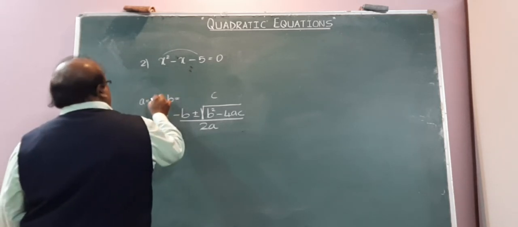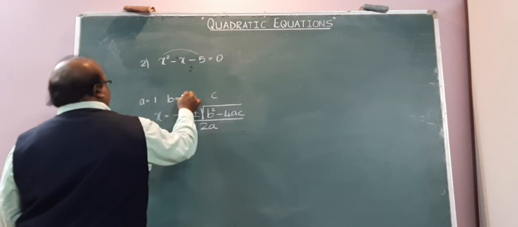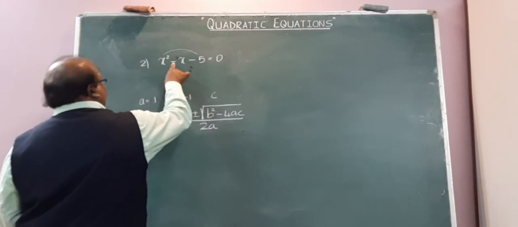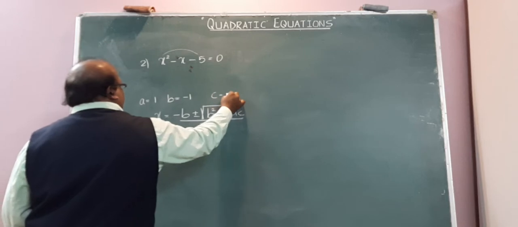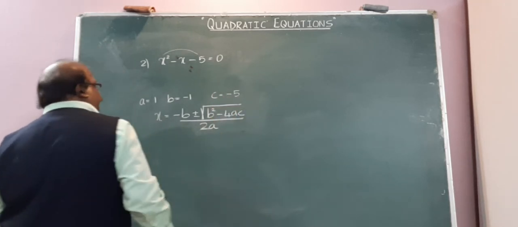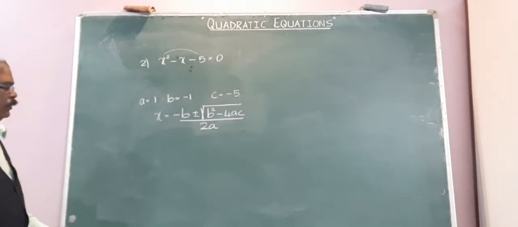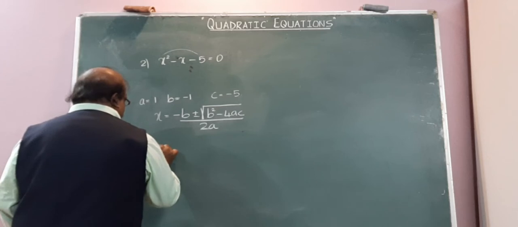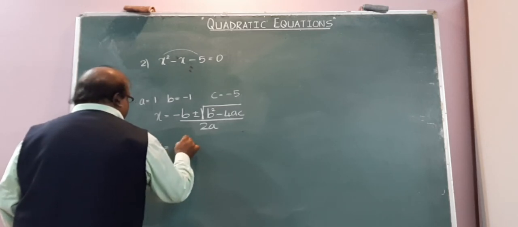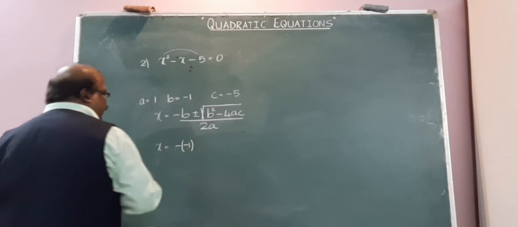What is A? 1. What is B? Minus 1. What is C? Minus 5. You know what is A, you know what is B, you know what is C. So what is x equal to? Minus B. What is B?